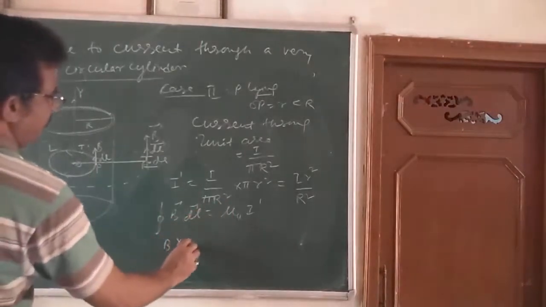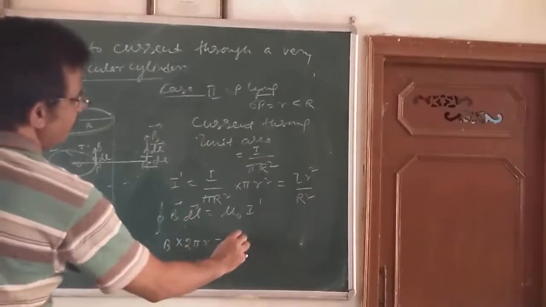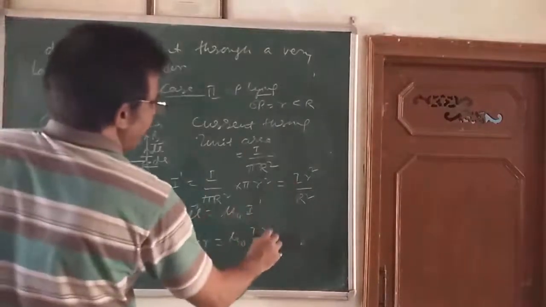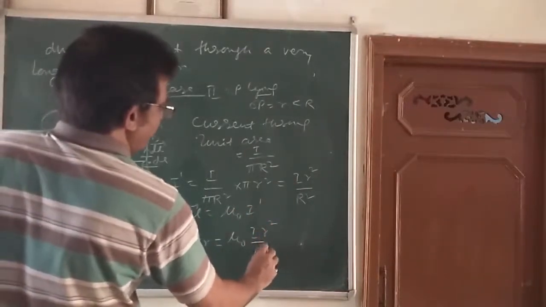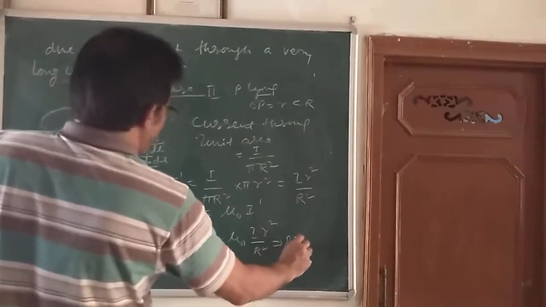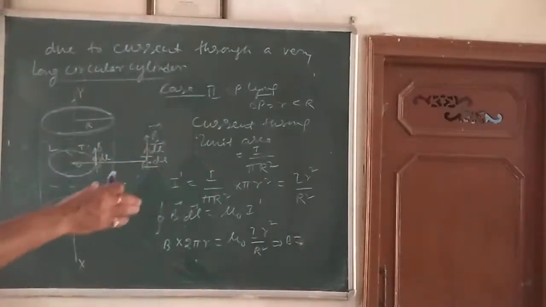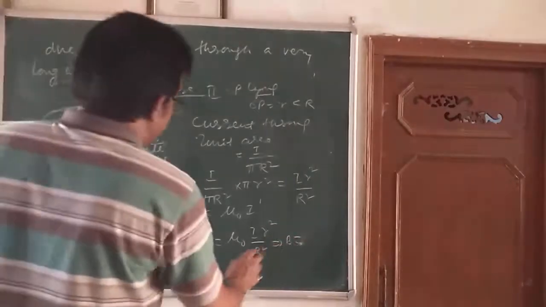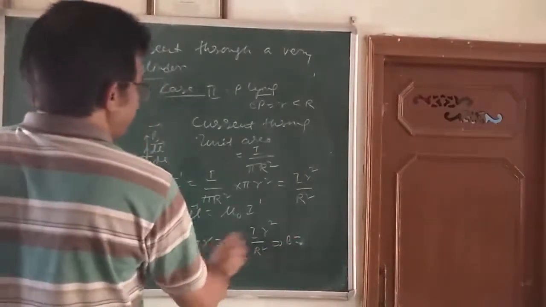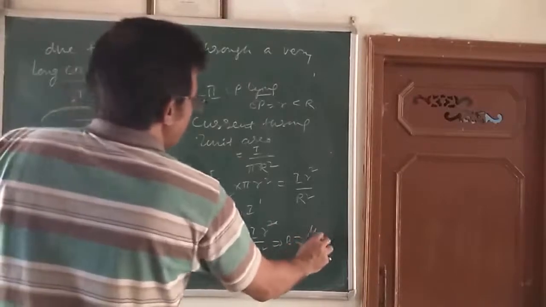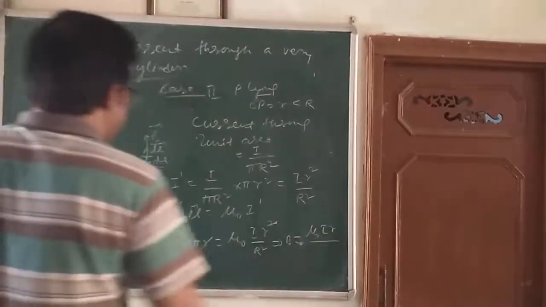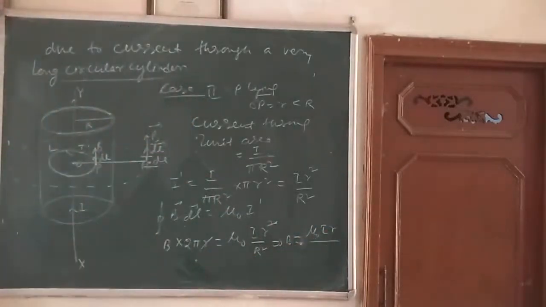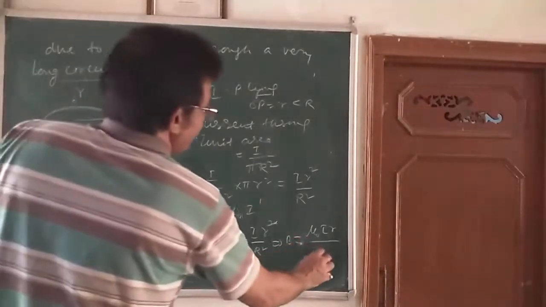Integral of dl is 2 pi r. That is mu naught times I dash, which is I into r square divided by R square. So what is B here? B comes out to be mu naught I r, r cancels with r, so mu naught I into r divided by 2 pi R square. This is the result here.